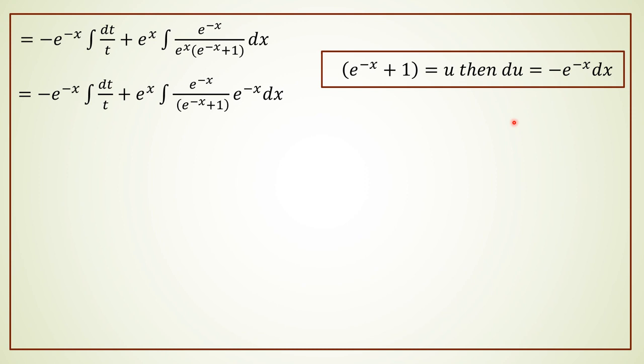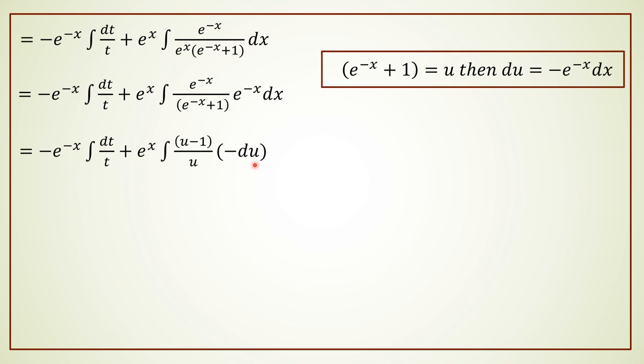Okay. So the above equation reduces to the form, you have yp is equal to minus e^(minus x) integration of dt by t plus e^x into e^(minus x). e^(minus x) I can rewrite as u minus 1. Okay, so it is (u minus 1) divided by e^(minus x) plus 1, that is nothing but u, into e^(minus x) into dx. e^(minus x) into dx is minus du.